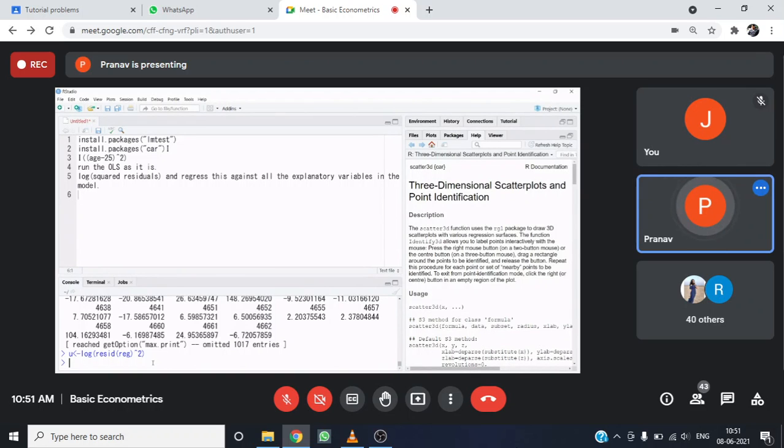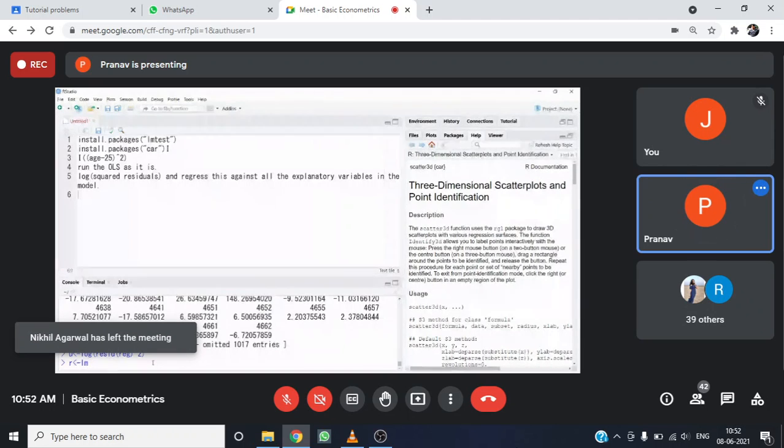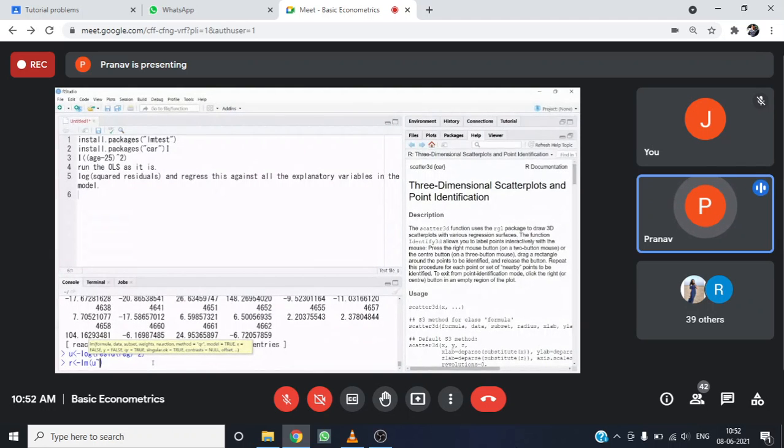Now I have to run the regression. So let us say it is R. So LM of U against all the variables that I've used in the model.